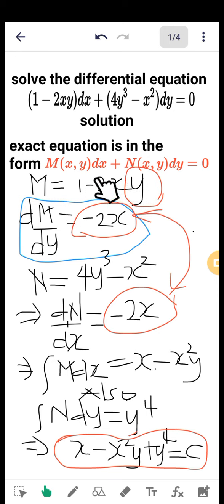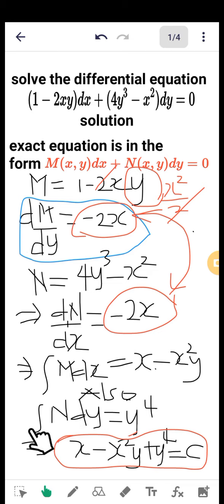When we integrate −2x, we are going to get −x² over 2, but the 2 here will cancel the 2 in the denominator. So that's why we had x². Then we keep the y, the constant, because we're integrating M with respect to x, not y, so we attach y to it.